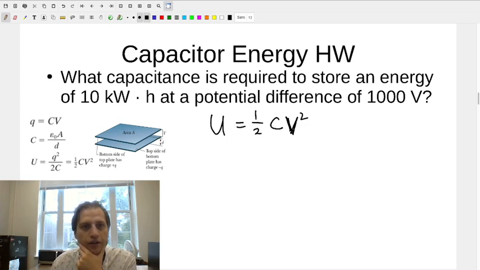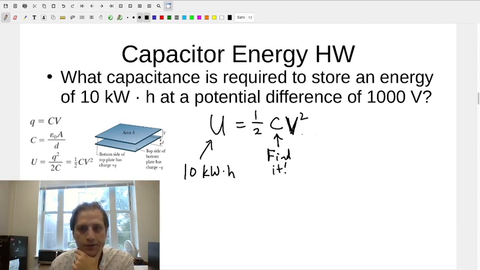And they say, what capacitance, so they want you to find this, is required to store an energy of 10 kilowatt hours at a potential difference of 1,000 volts.